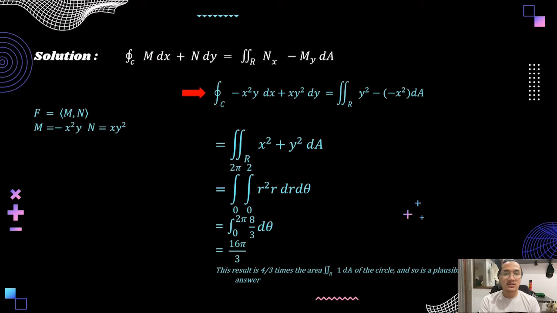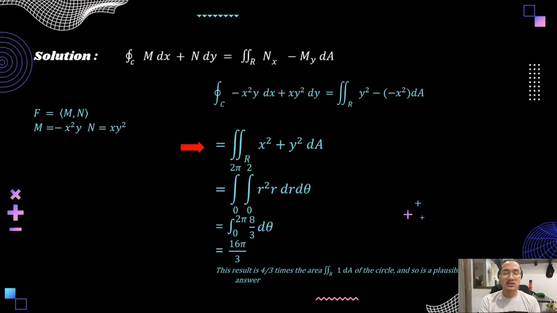The equation will be: the line integral over C of negative x squared y dx plus xy squared dy equals the double integral of y squared minus negative x squared dA. So the double integral of x squared plus y squared dA.